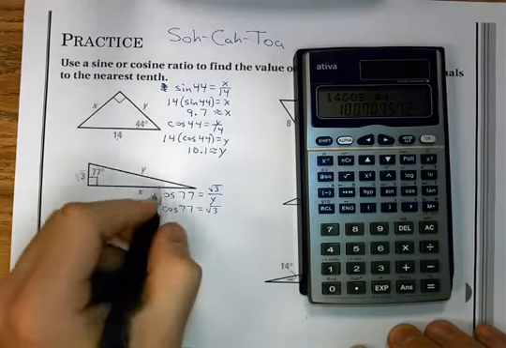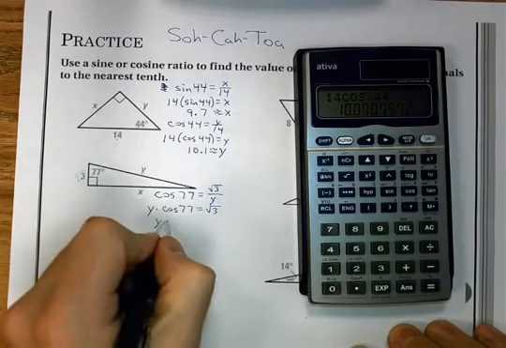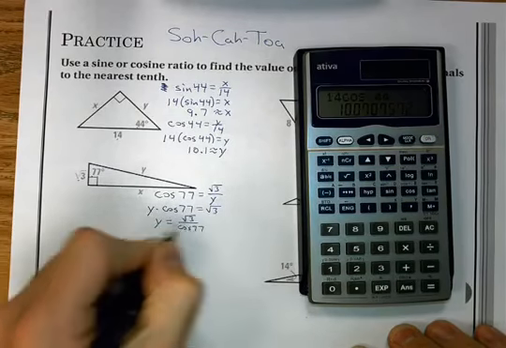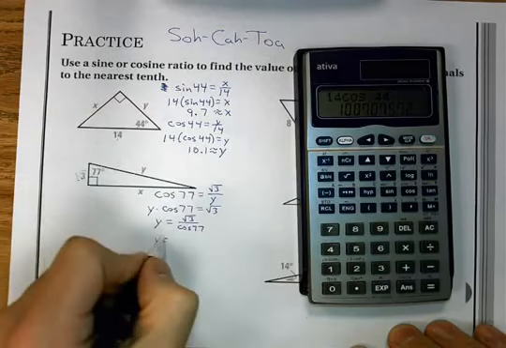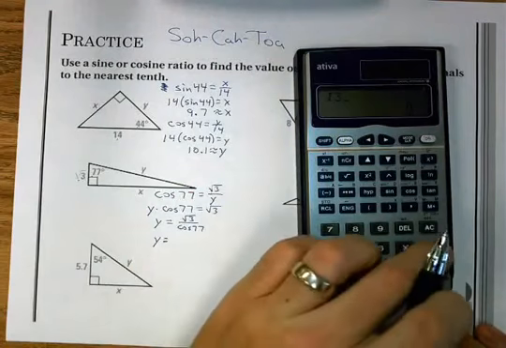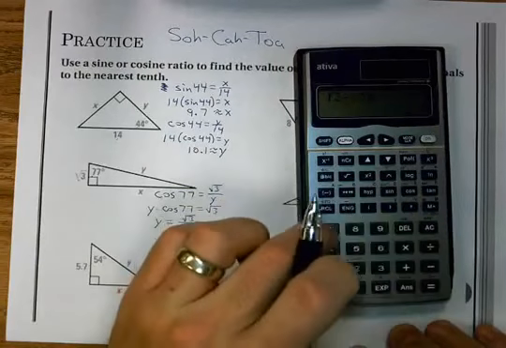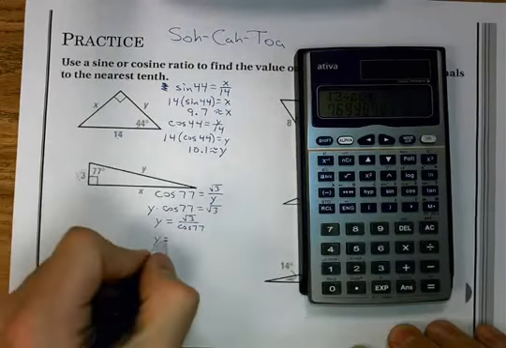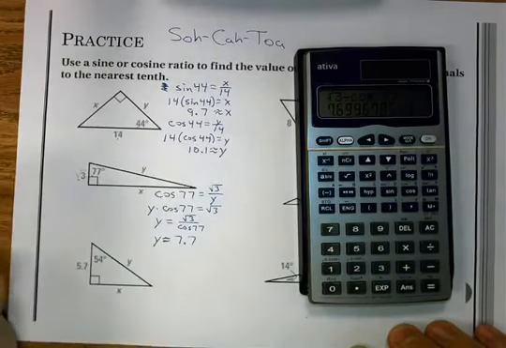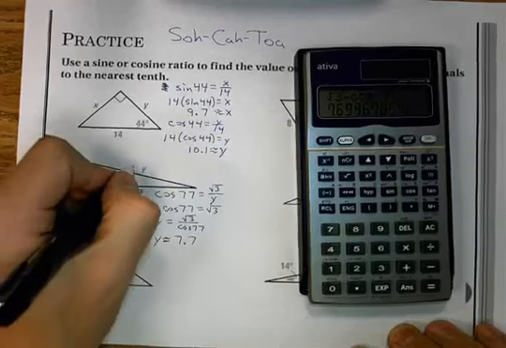Divide over cosine of 77, I get y equals root 3 over cosine of 77. We plug this in, we get square root of 3 divided by cosine of 77, and that comes out to be about 7.7. So we got about 7.7.